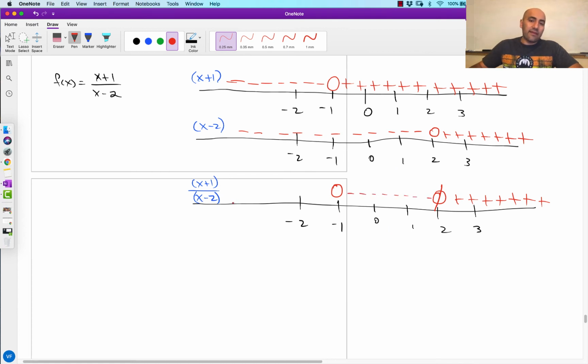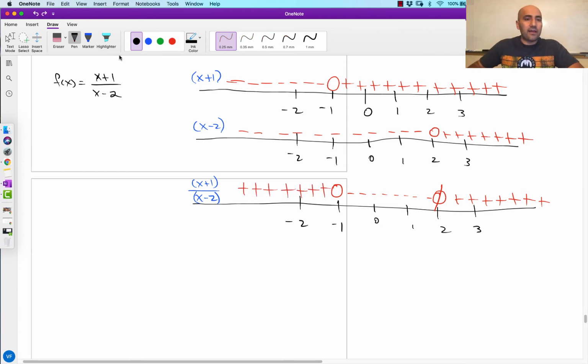And finally, to the left of that, whenever we choose any numbers to the left of -1, we end up with a negative number in the numerator, a negative number in the denominator, and so when we divide them, we end up getting a positive. Plus, plus, plus, plus.